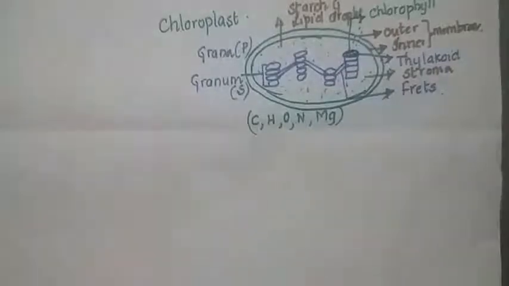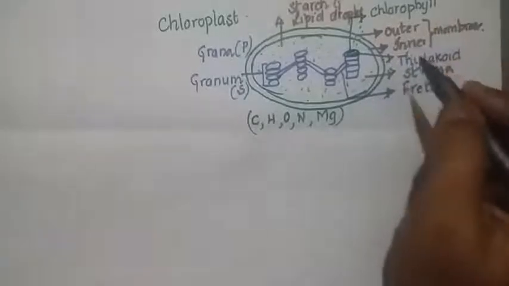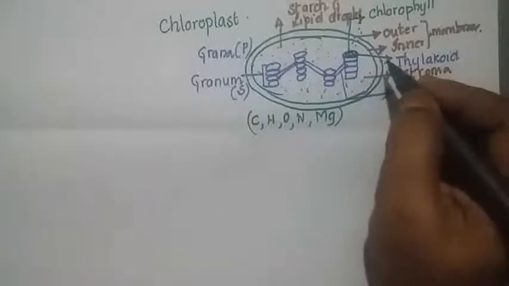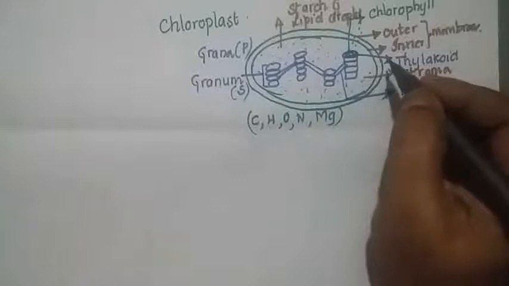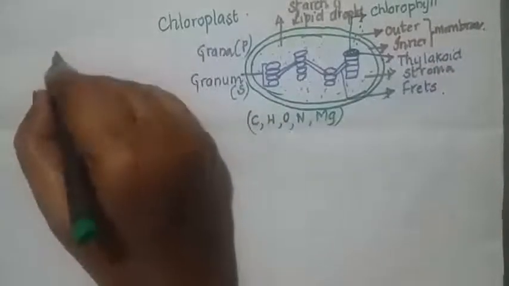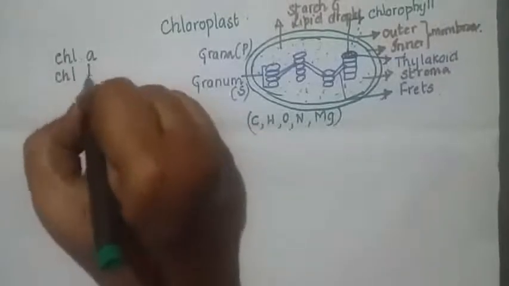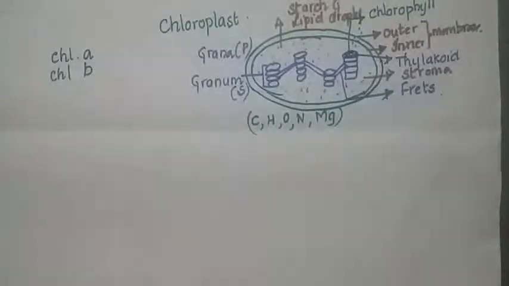Now, chlorophyll is found in the inner walls of the thylakoids. In fact, there are 9 different varieties of chlorophyll molecules. Though there are 9 varieties, chlorophyll A and chlorophyll B are the 2 prominent types which take part in photosynthesis.